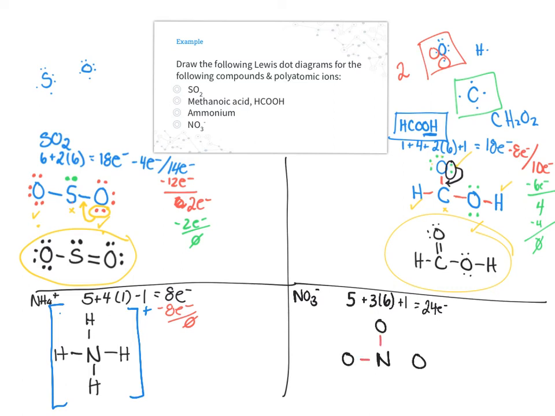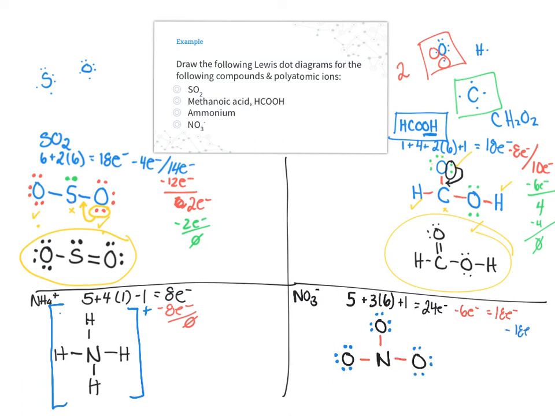Connecting, I've used 3 bonds, which is 6 electrons. I'm left with 18 electrons to place back in my diagram. Filling in my outer atoms first, 1, 2, 3, 4, 5, 6, 7, 8, 9, 10, 11, 12, 13, 14, 15, 16, 17, 18 electrons.